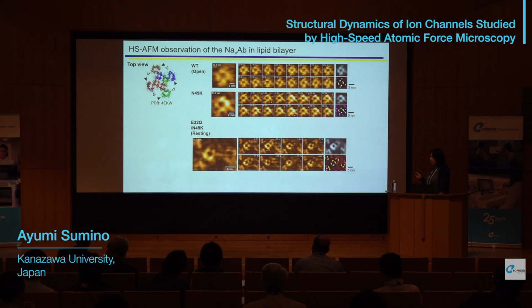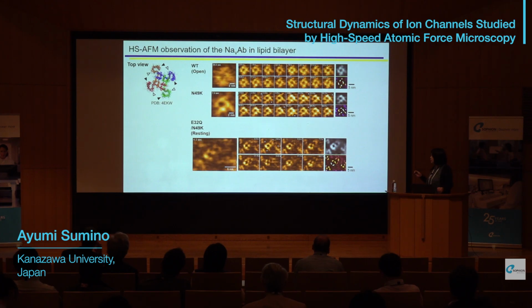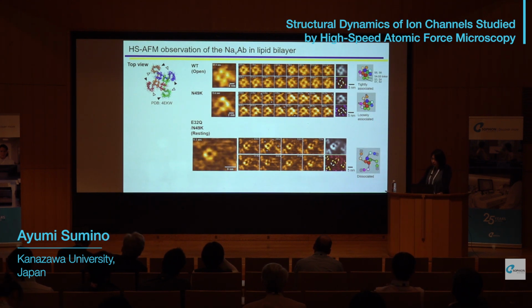And in the resting mutant, we found that the voltage sensor domains dissociated from the pore domain, so we cannot see the voltage sensor domains attached just around the pore domains, but they dissociated a little bit far away from the pore domain, like this.